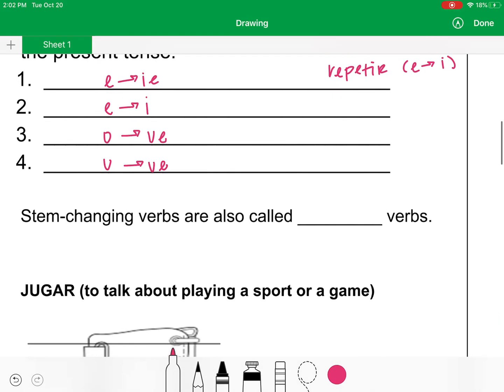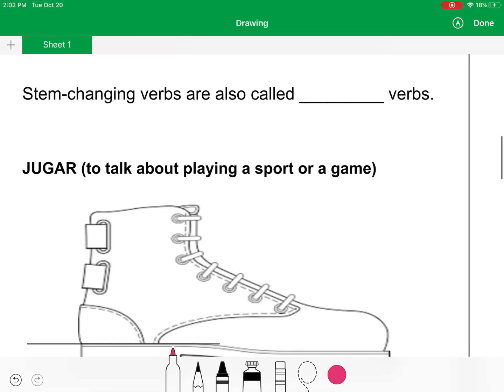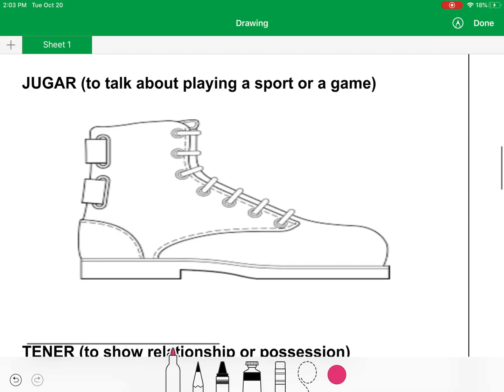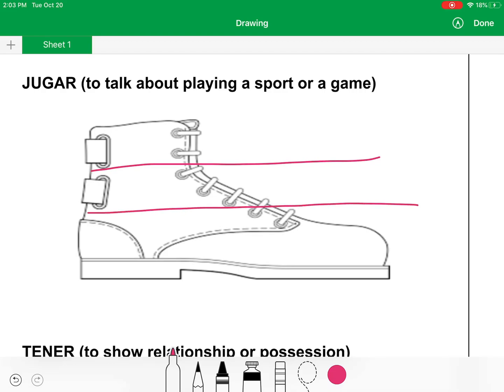Okay, so going down, stem changing verbs are also called boot verbs. Okay, and basically what that means is anything that is outside the boot is not going to change. So looking at this boot here, we're just going to divide it into our normal table.